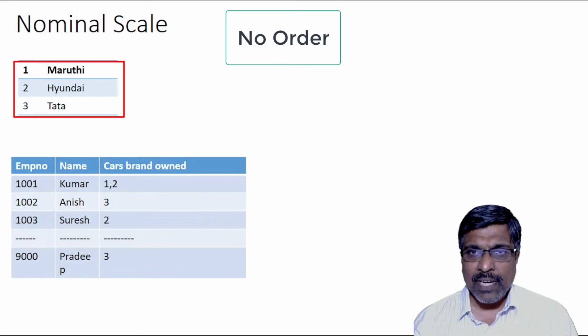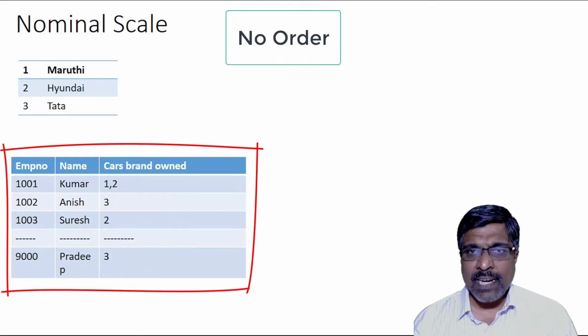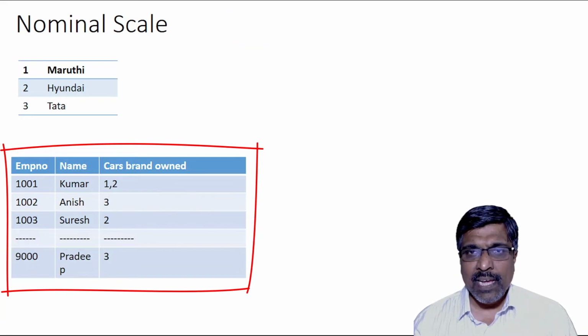Now, when I am doing a survey and trying to collect the list of cars owned by employees of a certain organization, I can create a table. I have spoken to around 10,000 employees in the organization and I am trying to identify what car brands they own. So employee number 1001 owns 1, 2, which means that he owns Maruti and Hyundai.